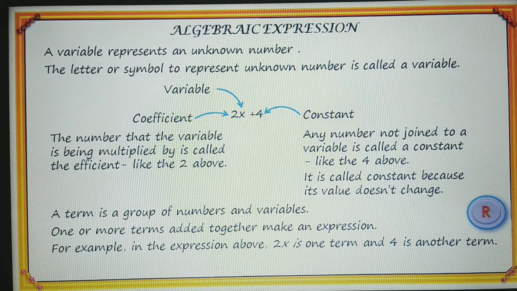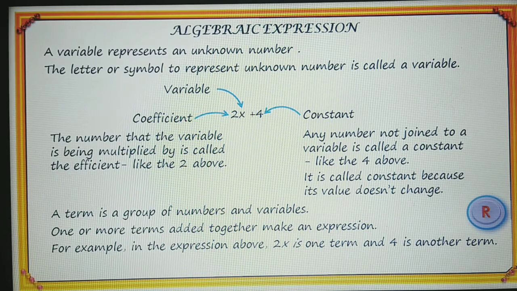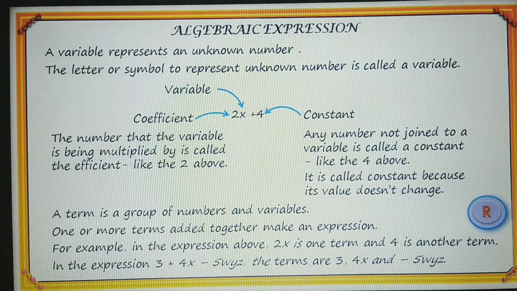For example, in the expression above, 2x is one term and 4 is another term. In the expression 3 plus 4x minus 5wyz, the terms are 3, 4x and minus 5wyz.